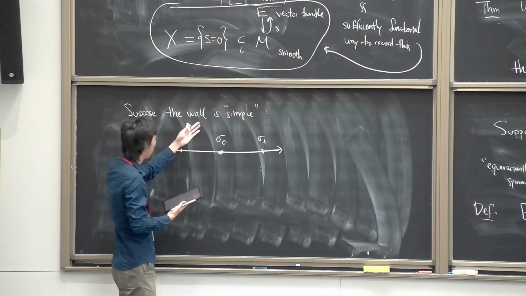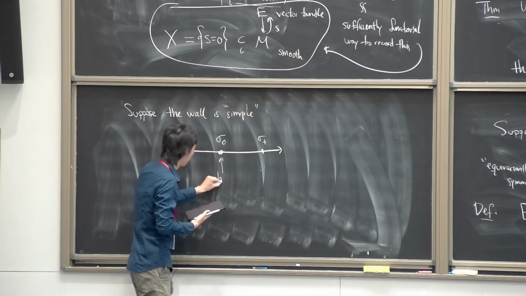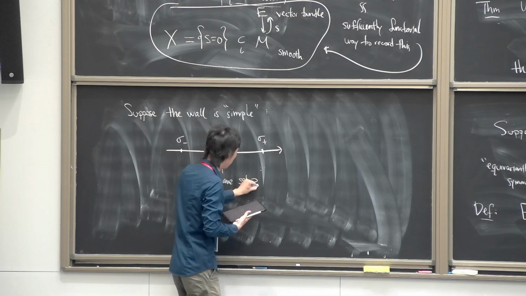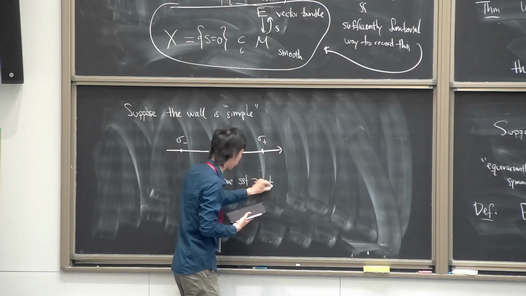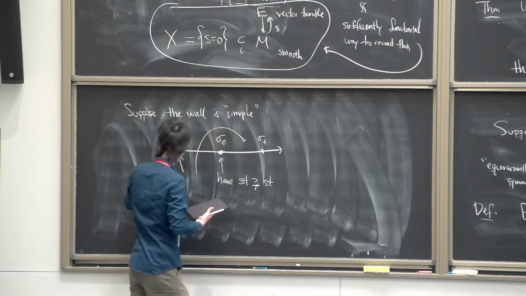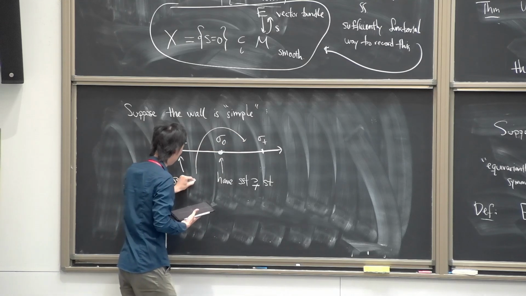And the condition that the wall is simple: here you have semi-stable is not equal to stable, but everywhere else you have semi-stable is equal to stable.